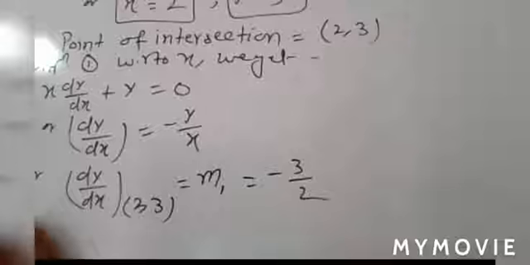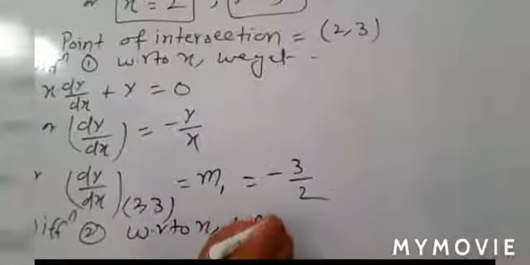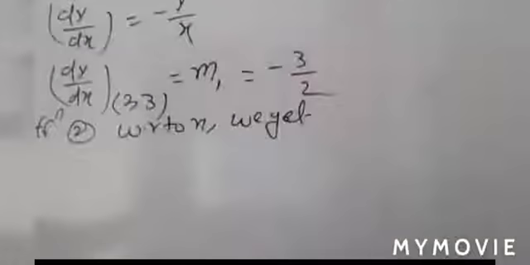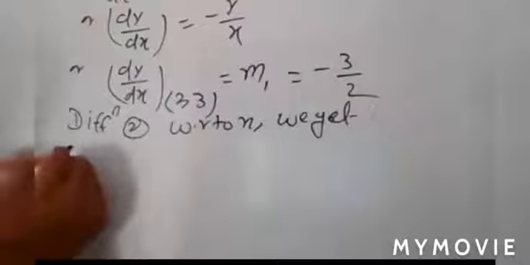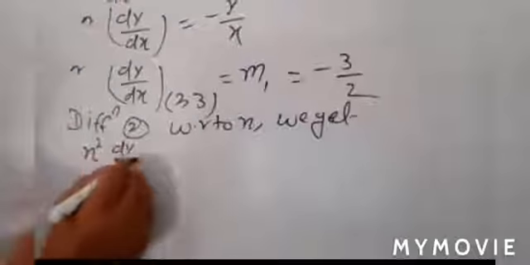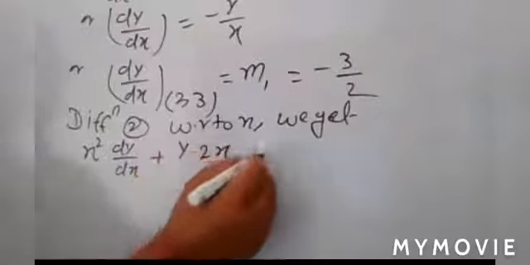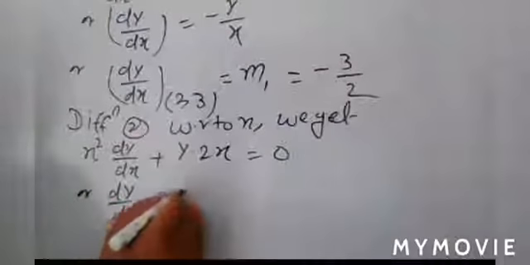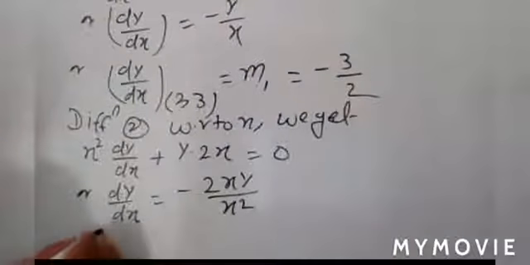In the same way, differentiating 2 with respect to x, applying the product rule: x² dy/dx plus y into 2x is equal to 0. So the value of dy/dx is equal to minus 2xy upon x².